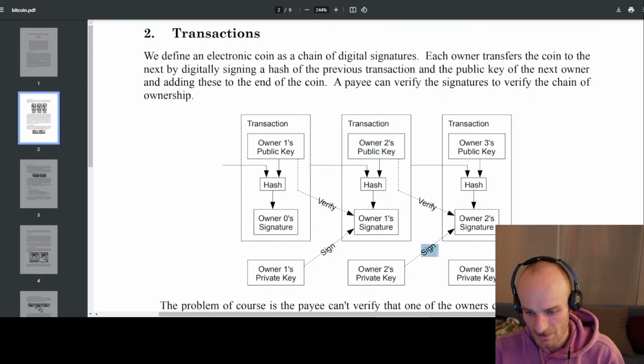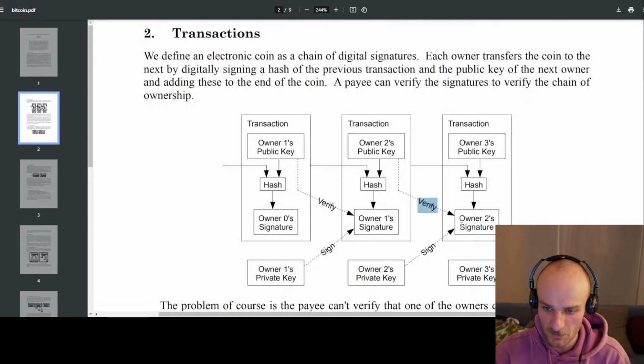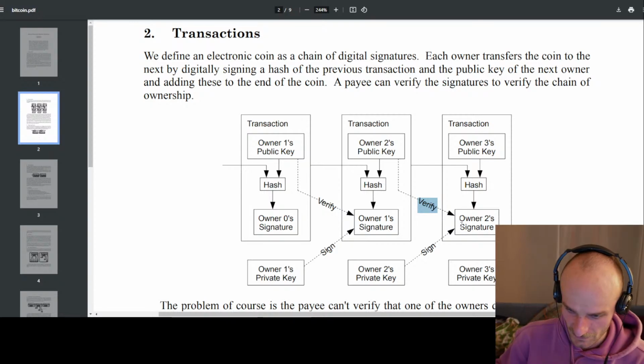Therefore, by sending a transaction with those tokens to owner 3 and declaring that he signed and this transaction is verifiable by his public key, he's also declaring, in that very moment, his possession of that token.